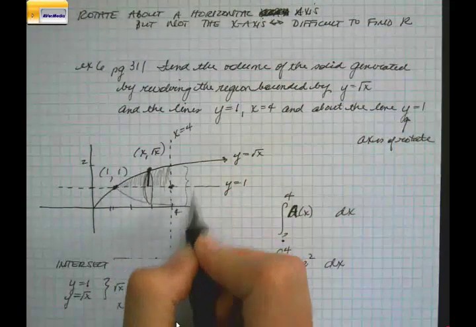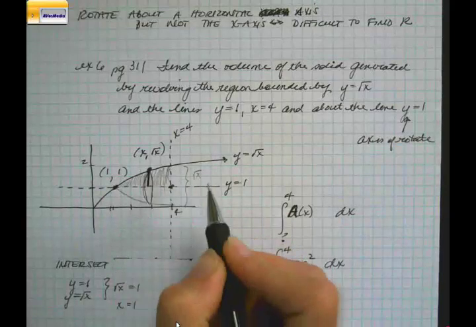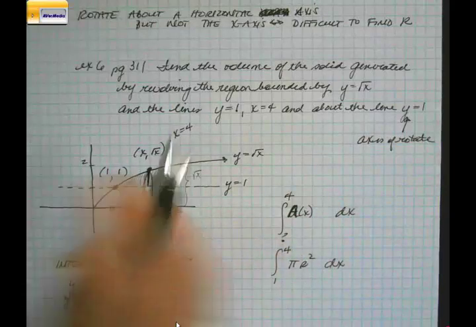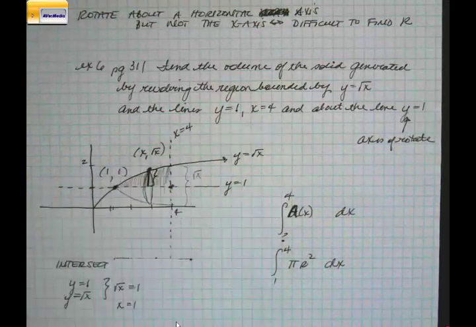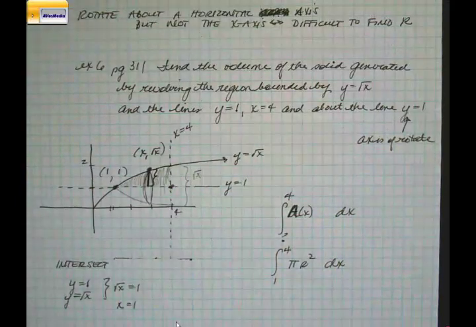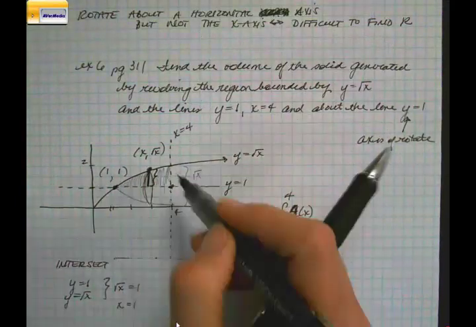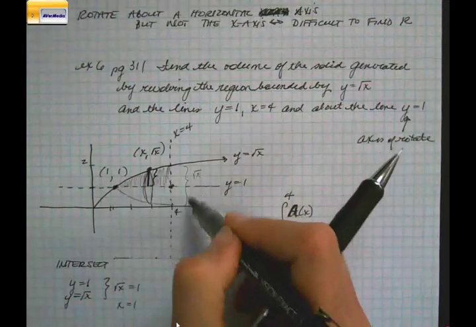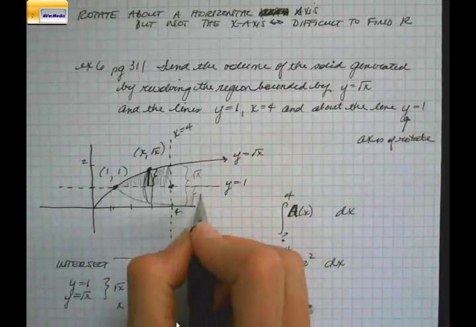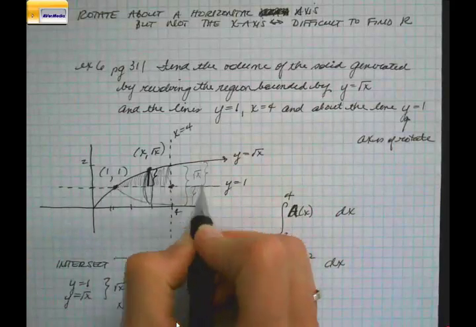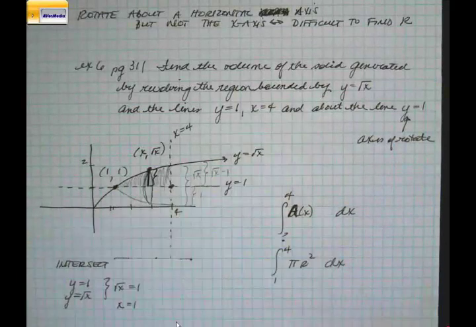All of this region is a height of square root of x. This region here, it's so hard to diagram it, is therefore what? Minus 1. It's the whole square root of x minus the part 1. The whole square root of x minus the part 1 gives me this region, which is the square root of x minus 1. What a mess!